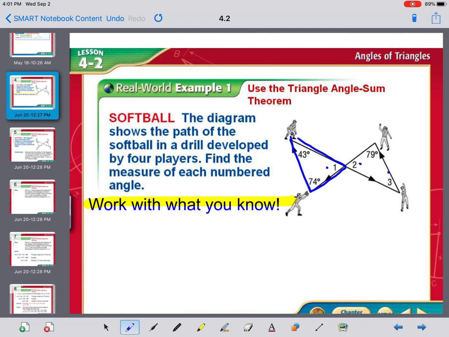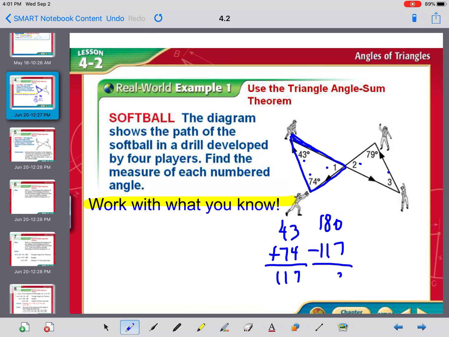So they want us to find the measure of all the numbered angles, and we have 1, 2, 3 of them. So I'm going to begin by looking at this triangle where angle 1 is. This triangle, I happen to know, has a 43 degree angle, a 74 degree angle, and an unknown.